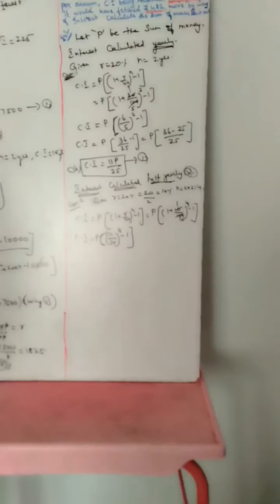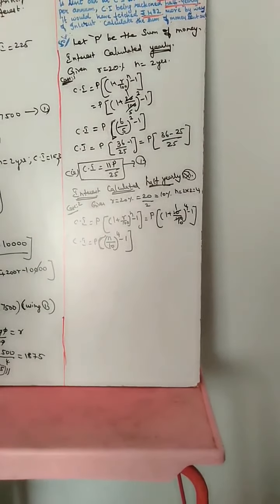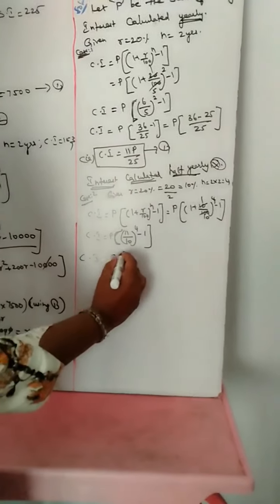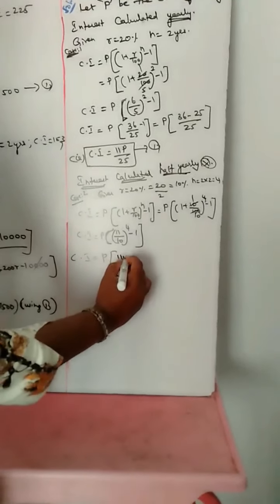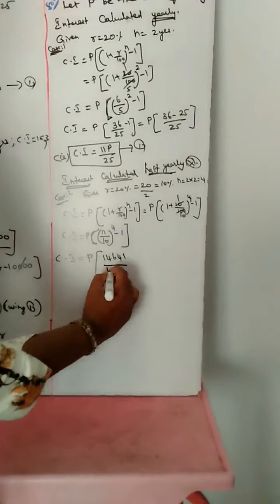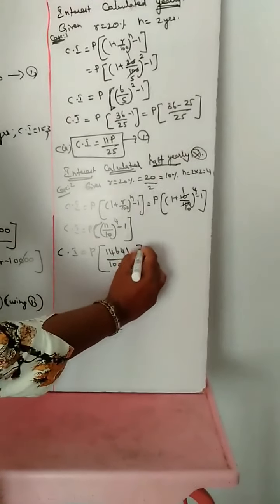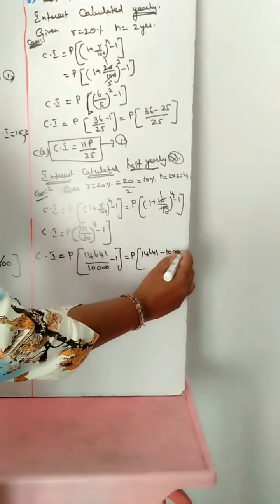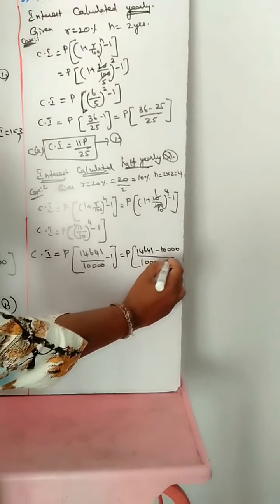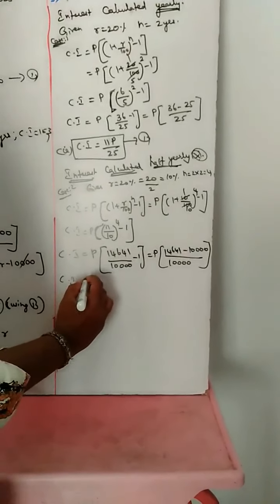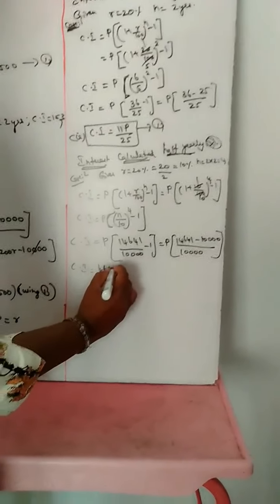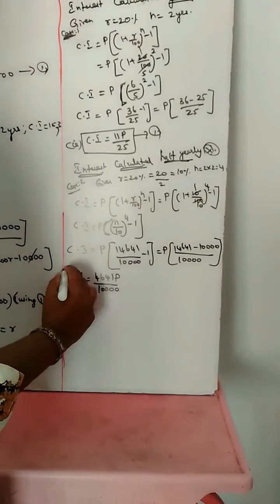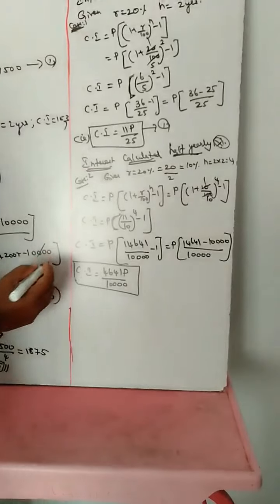Next we want to find CA is equal to P of 11 power 4 is 14,641. This 10 power 4 is 10,000 minus 1. So which is equal to P of 14,641 minus 10,000 by 10,000. So CA is equal to 4,641 P by 10,000. Right? And assume this as second condition.